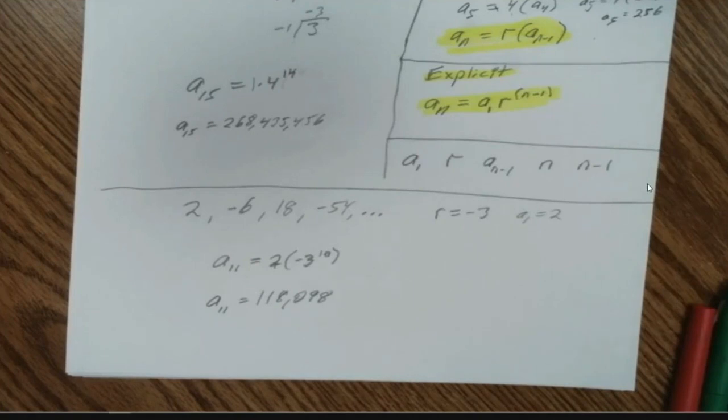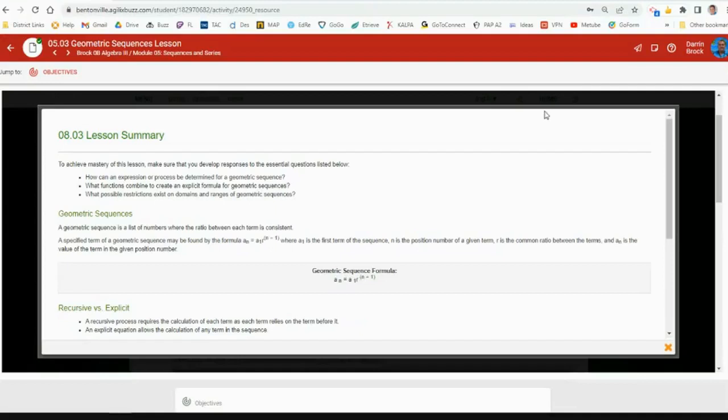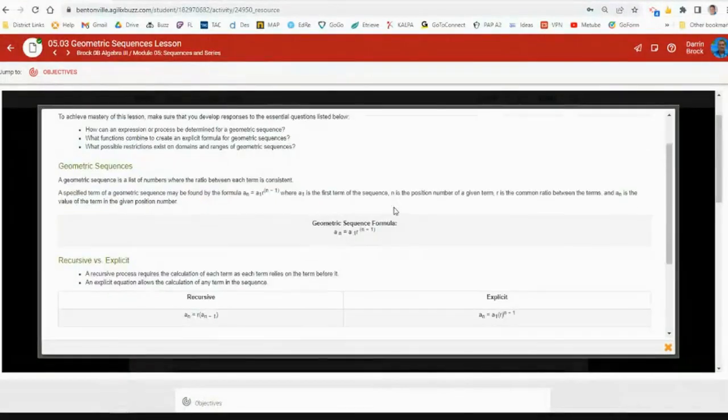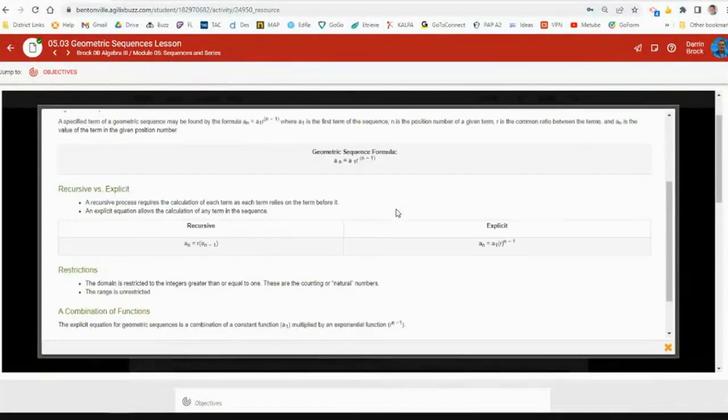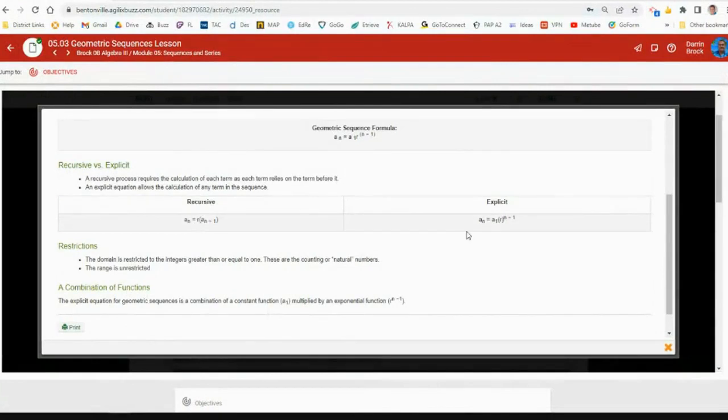Seems simple enough. See, when you get into the lesson, it's got our lesson summary. It talks about those two different formulas, recursive and explicit. There's that explicit formula right there, the geometric sequence formula: a sub n equals a sub 1 times r to the n minus 1. Again, the domain is restricted to integers equal to or greater than 1, natural or counting numbers.